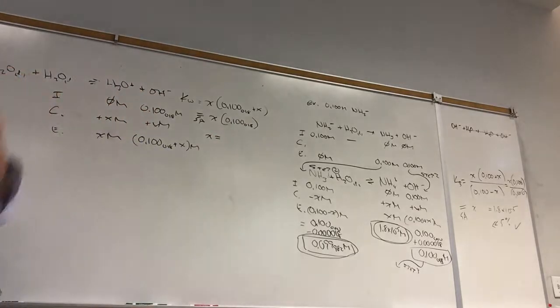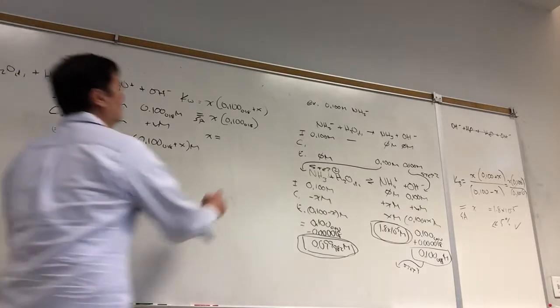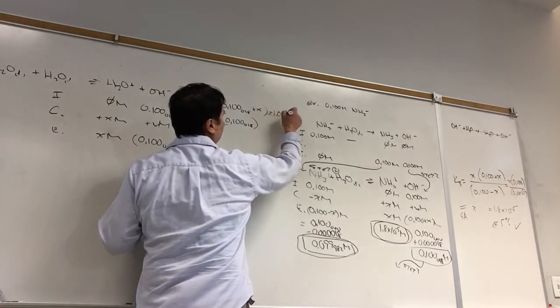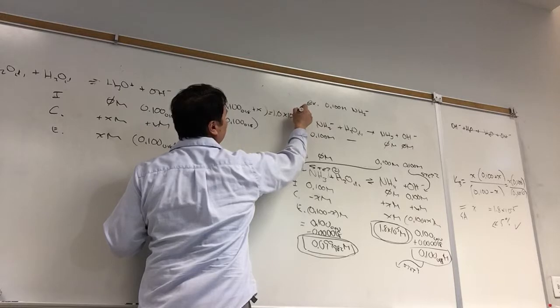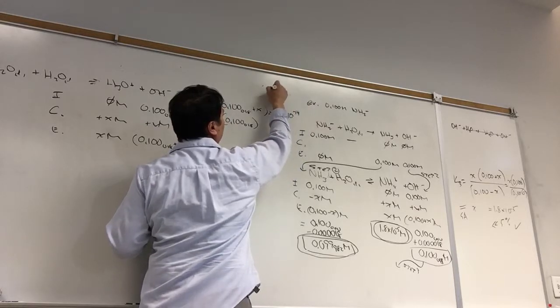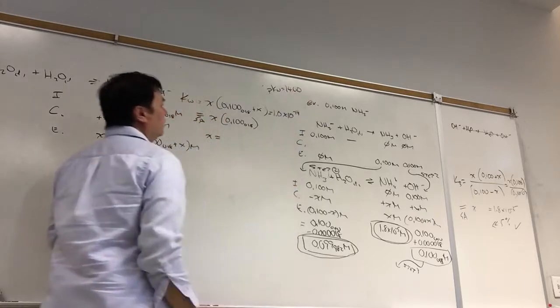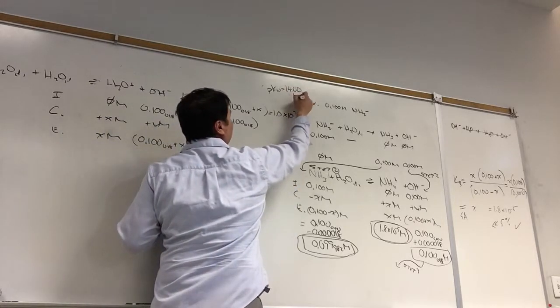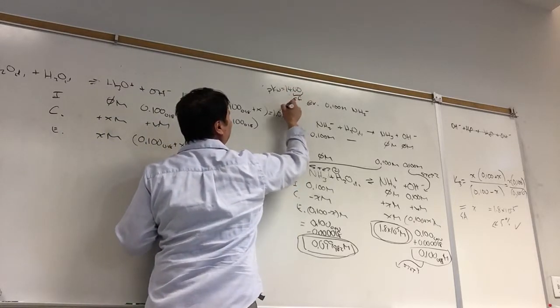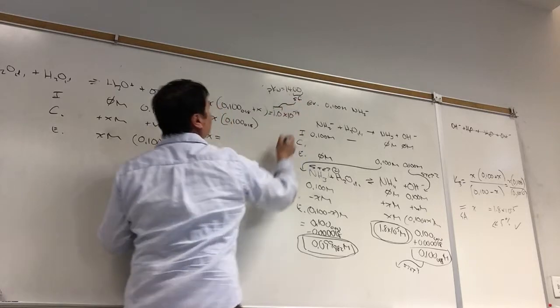Kw, you should have memorized. Yeah, 1.0 times 10 to the negative 14. That's 2 sig figs. That's why pKw is 14.00. So if Kw is 1.0 times 10 to the minus 14, pKw is 14.00. That's 2 sig figs.